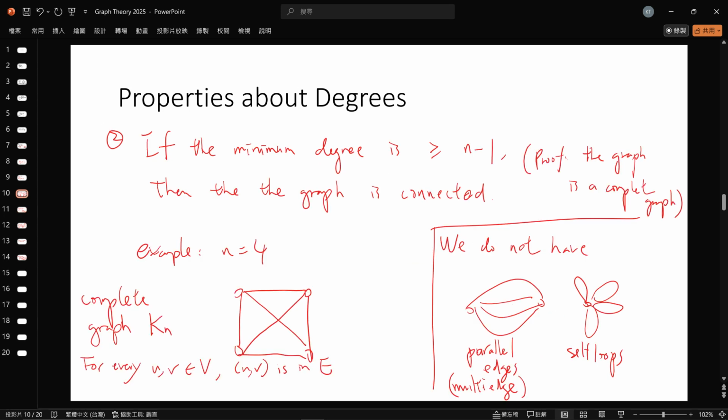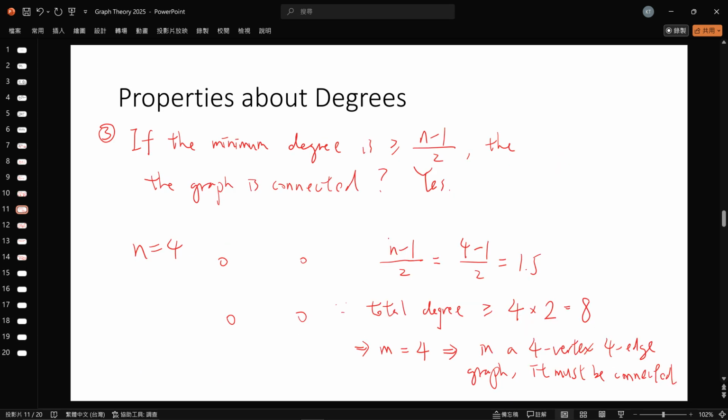But if you consider these two proofs, in the first statement we consider the case where the minimum degree is n minus 1. Really, the proof is that for every 2 vertices, we can prove that they are adjacent, okay? So the graph is actually a complete graph.